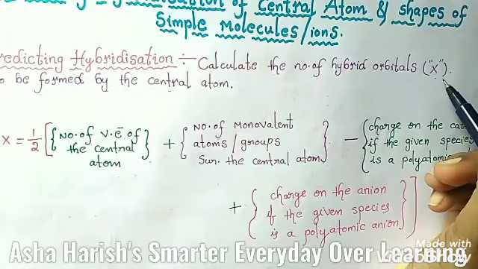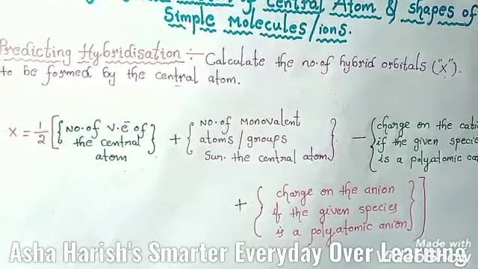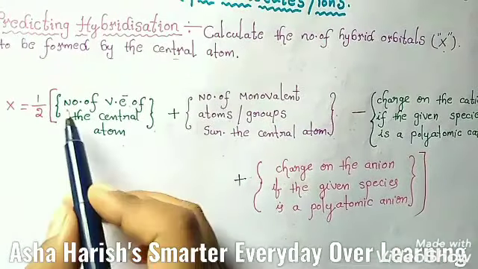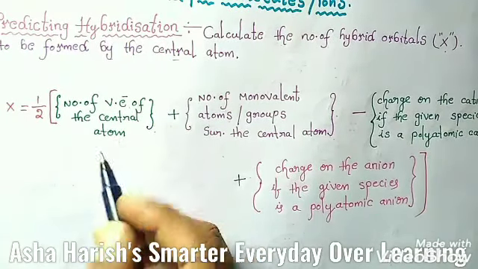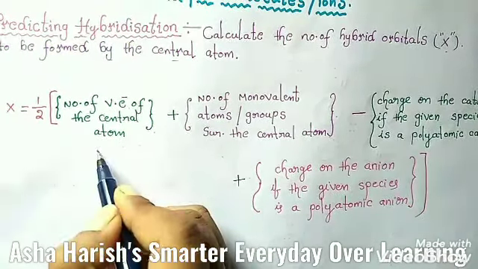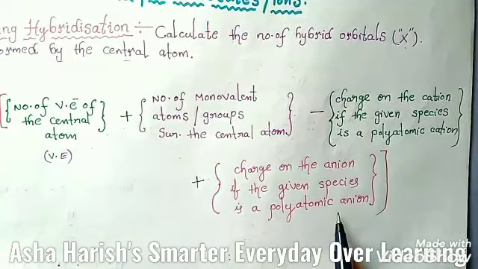Then for finding this x value, the formula will be x is equal to half into the number of valency electrons of the central atom, that is, we can take it as VE, plus number of monovalent atoms or groups surrounding the central atom, minus the charge on the cation if the given species is a polyatomic cation, plus charge on the anion if the given species is a polyatomic ion.